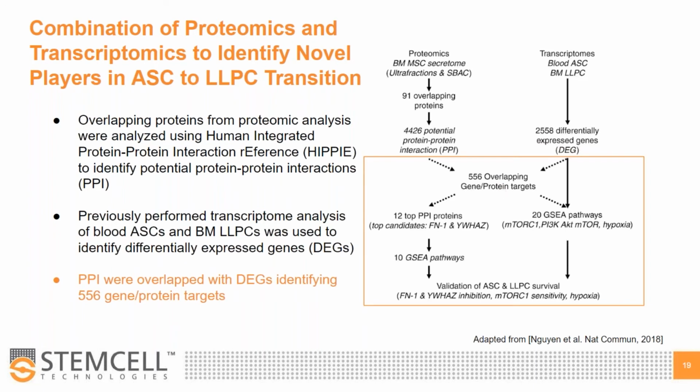These gene-protein targets were further filtered down by identifying genes or proteins with the most potential protein interactions. Then the whole list, or the filtered list, was analyzed using gene set enrichment analysis, which I'll get more into later. And the factors and pathways identified were then validated in their co-culture system.